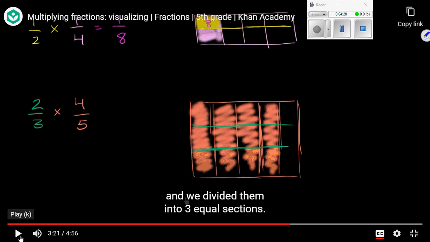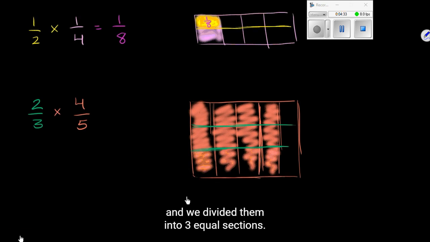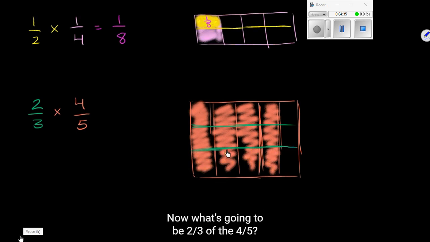Okay, does everyone see why this has now been divided into thirds this way? So if I wanted to show 2/3, I could color in both of these, and that would be 2/3. Okay? All right, keep listening. Now what's going to be 2/3 of the 4/5? Well, that's going to be the part. 2/3 of the 4/5.